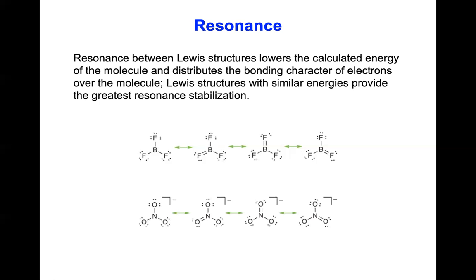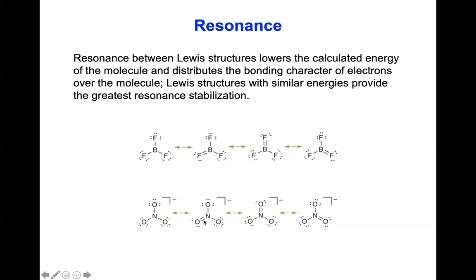Same idea here for this NO3 nitrate anion. In this one, you have three N-O single bonds, right? And then, same idea, you can move one non-bonding pair from oxygen to form a bond between nitrogen and oxygen, and you can have an N-O double bond.